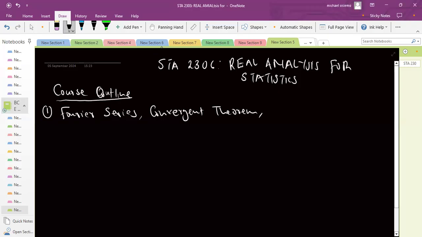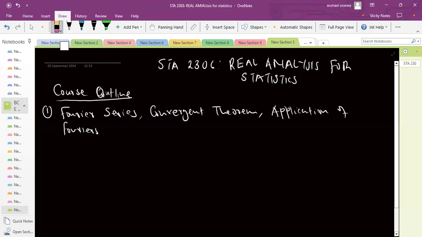We're also having application of Fourier series. Also, we're going to have the sum of infinite series.